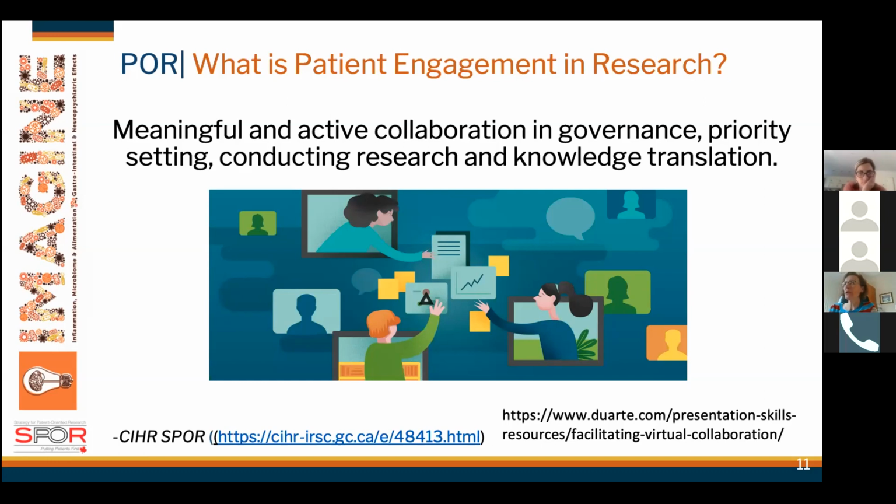And I'm going to highlight the fact that it should be meaningful and active. And this is a great picture or cartoon that reflects the fact that people in patient-oriented research, if they're fully engaged, are active and meaningfully partnering with the research team throughout the whole process. Next slide, please.